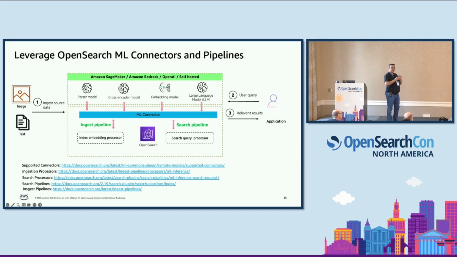Now, we have seen memory tuning using the circuit breaker, and then the hyperparameters for the methods. Now, another quickly doable best practice is adopting ML connectors. When it comes to vector search, you have to embed the documents during indexing and embed the search text, the question, during search.